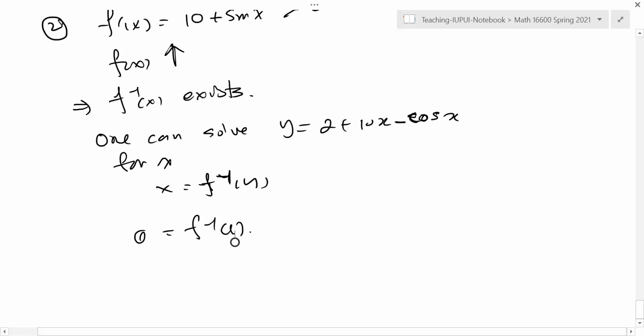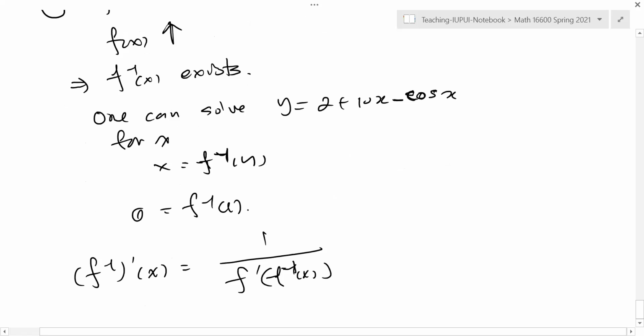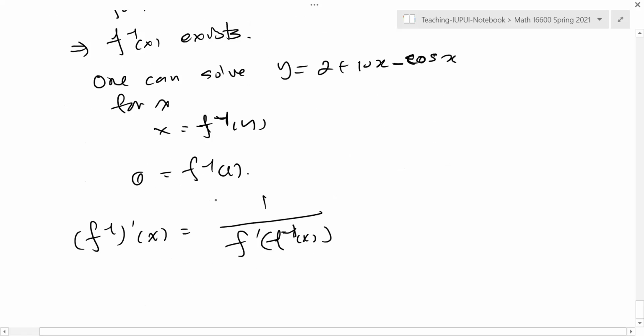Okay. So how do I find the derivative? You have to write down the formula. Write down the general formula. This is going to be 1 over f prime of the inverse. This is the general formula. So if you want to find the derivative at 1, you have to use this formula.